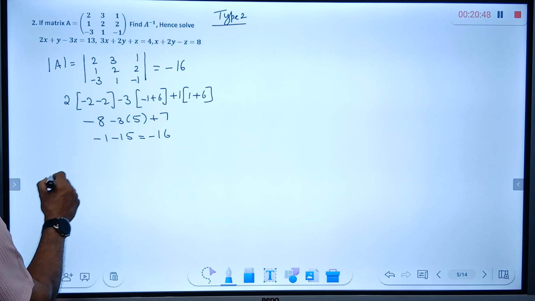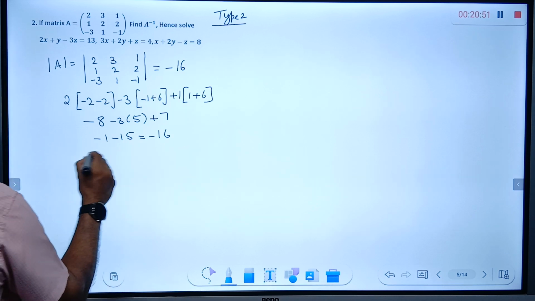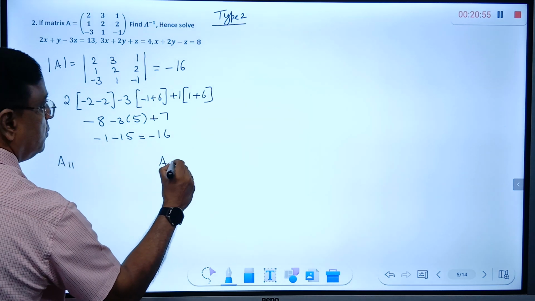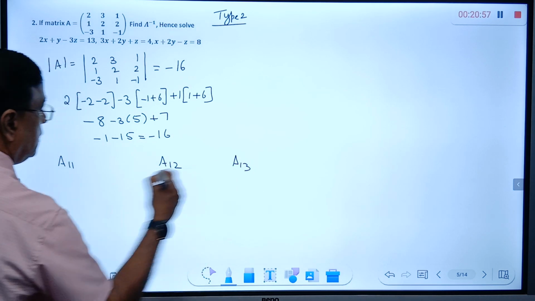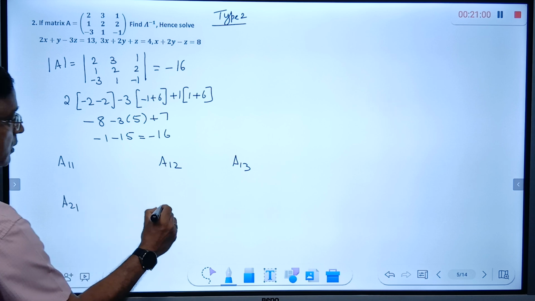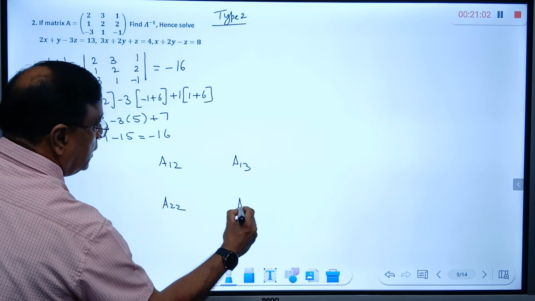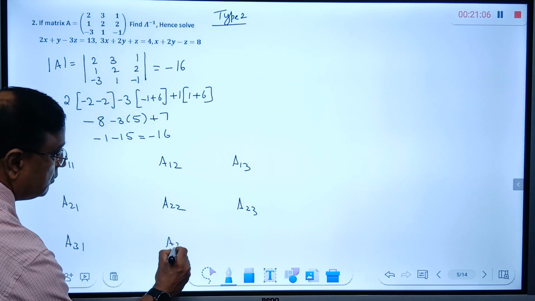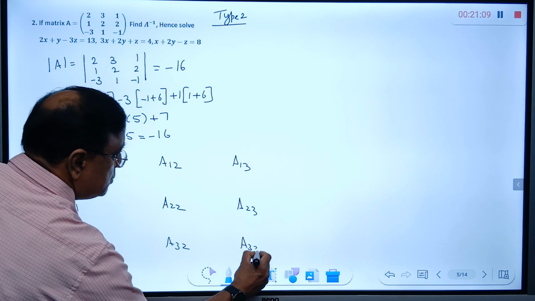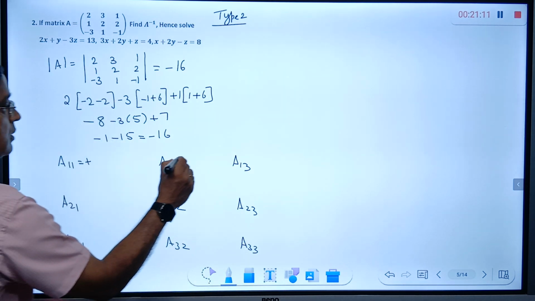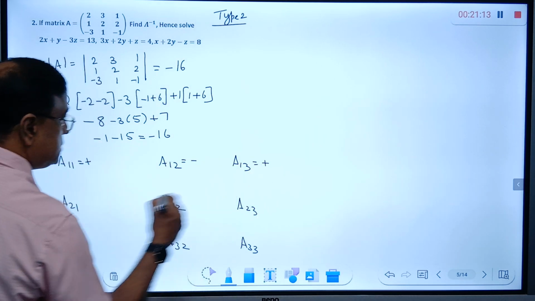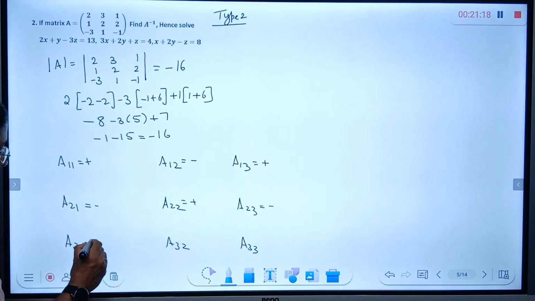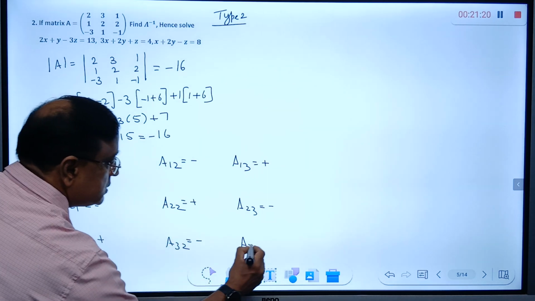Now you have to find the cofactor of A. So A11, A12, A13, A21, A22, A23, A31, A32, A33, with the usual procedure: plus, minus, plus, minus, plus, minus, plus, minus, plus.